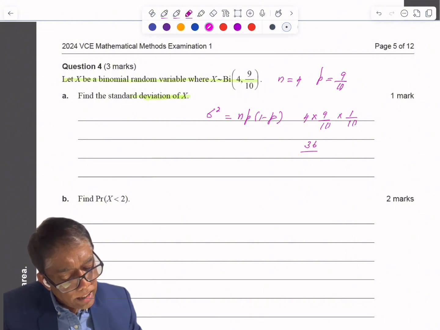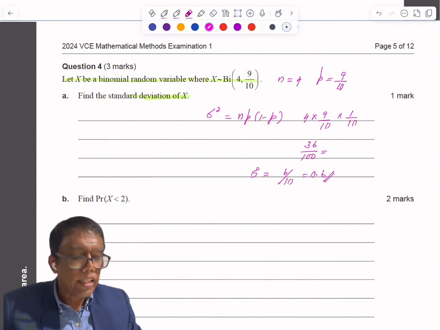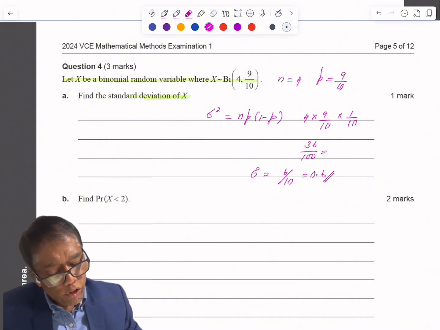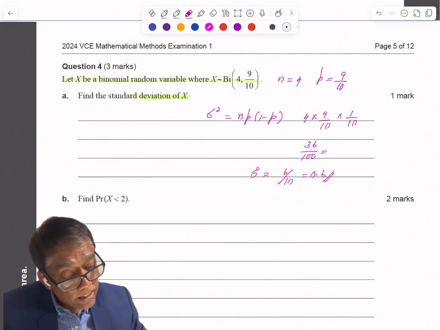That gives 36 over 100. That means sigma is equal to 6 over 10, or 0.6. This is the standard deviation. In this one, p is the probability of success and 1 minus p is the probability of failure.